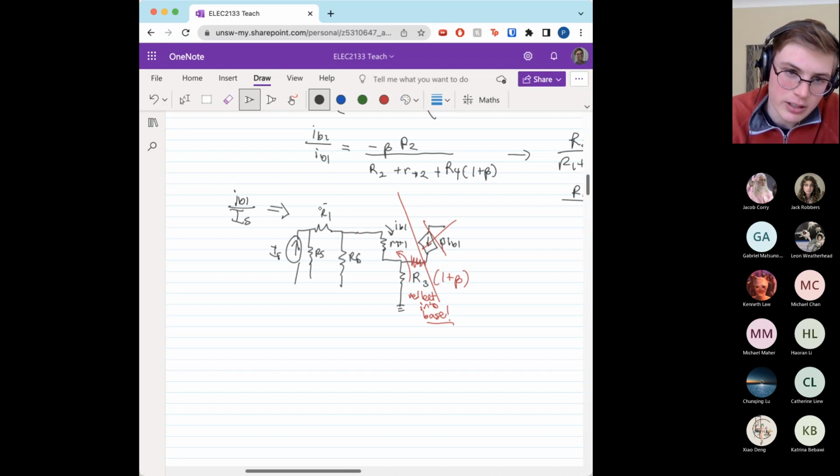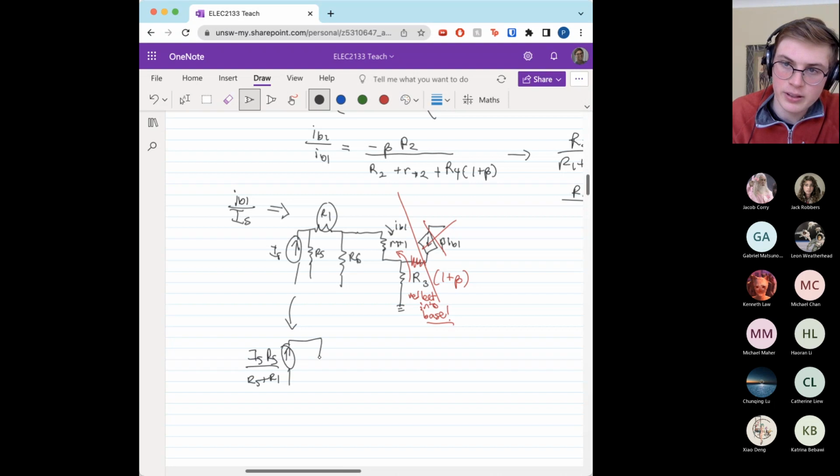We could do a current divider to find this current, and then another current divider. We could do some tricky things where we turn this into an equivalent circuit where we've got IS, RS on RS plus R1, and then we have RS plus R1 here, and then R6, and we get them all in parallel. That's probably a neat way. Don't stress about how you get here.